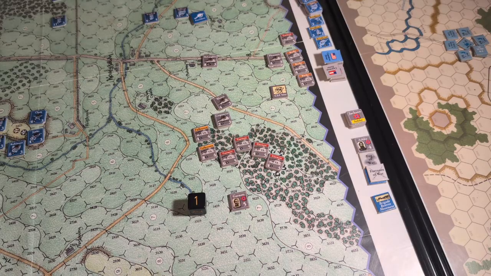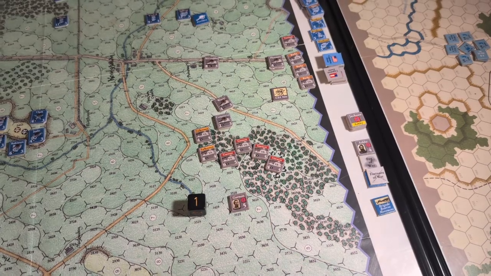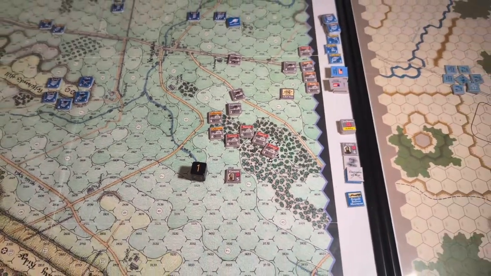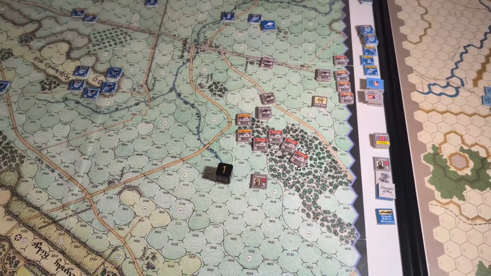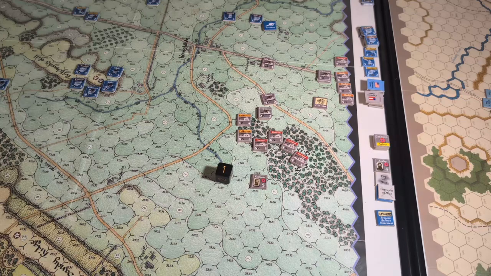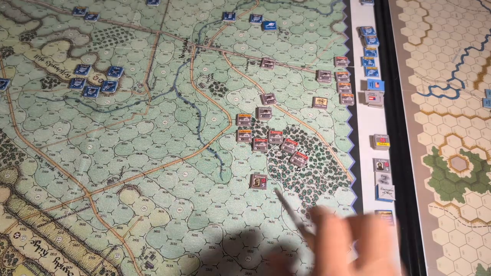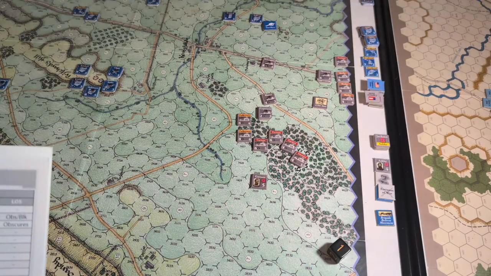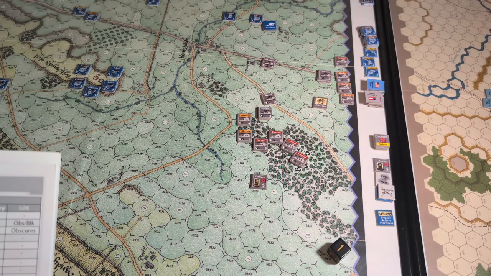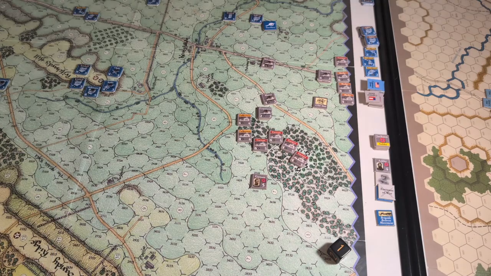Okay, so Stonewall wants Garnett to start moving to outflank Kimball on Pritchard's Hill. So they're going to do a maneuver which gives them a movement of 6.